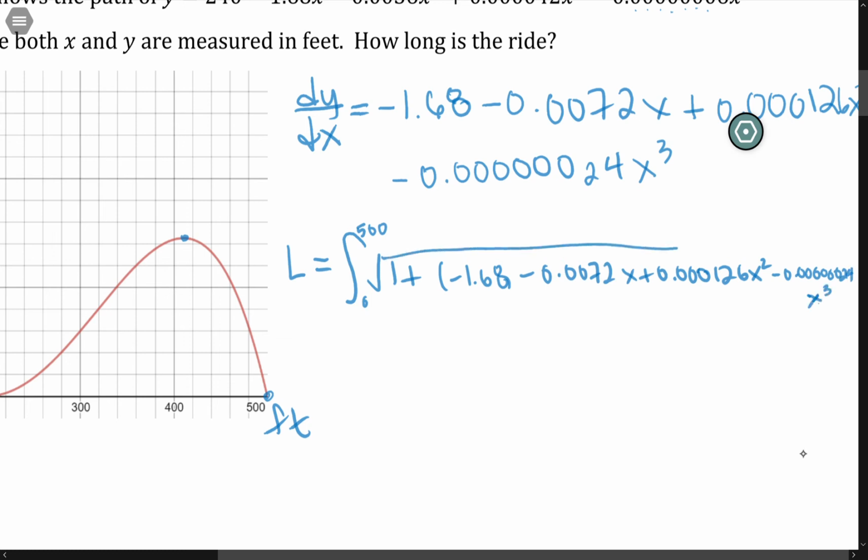And then the square root would capture all of that, and there would be a dx out here at the end. Pretend like that didn't look terrible, and it fit all in one line.